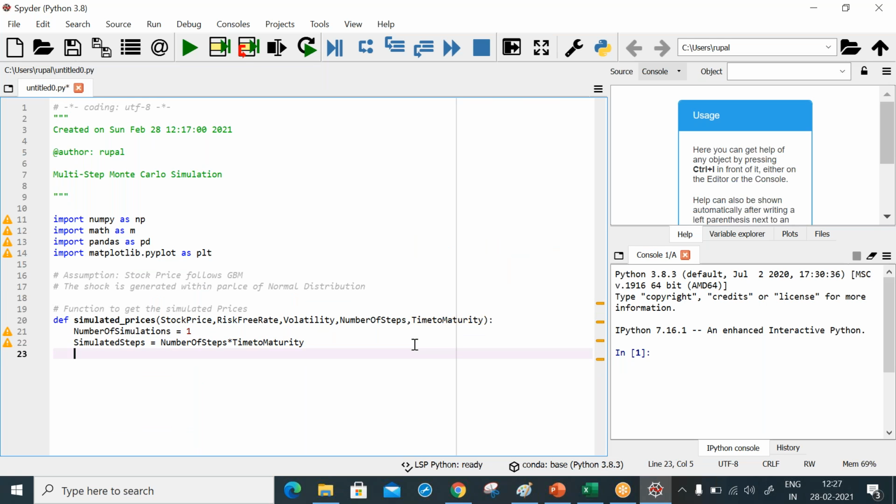Let us define dt. What is dt? It is equal to 1 upon your number of steps. So if dt is 0.25, your number of steps is 4. That's what we did yesterday.